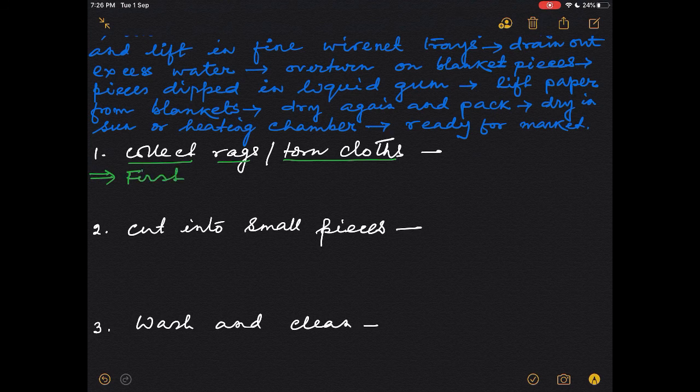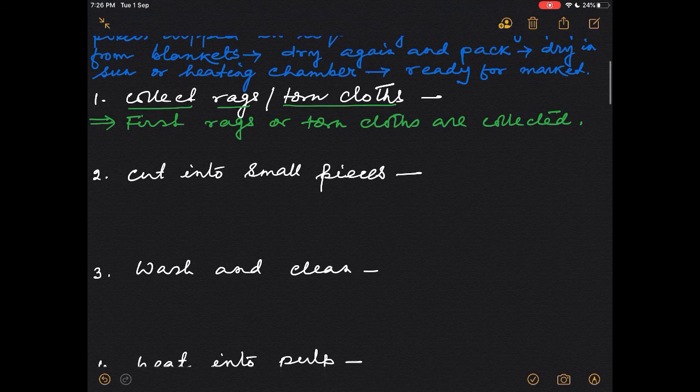this is the connective, you know, first, rags or torn cloths are collected. Very easy. Next one is then cut. This is the verb. You have to find out the object.